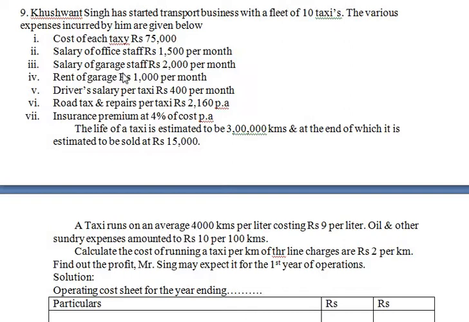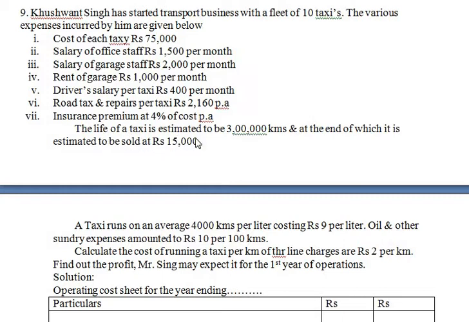Salary of garage staff rupees 2,000 per month. Rent of garage rupees 1,000 per month. Driver salary per taxi rupees 400 per month. Road tax and repairs per taxi rupees 2,160 per annum. Insurance premium at 4% of cost per annum.